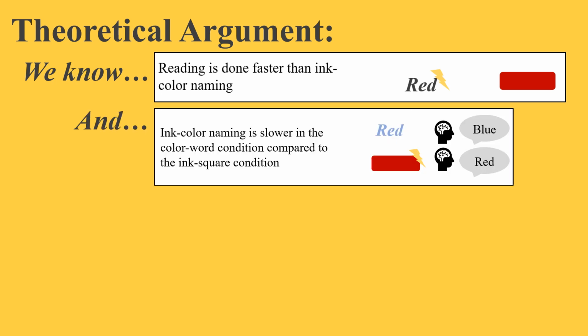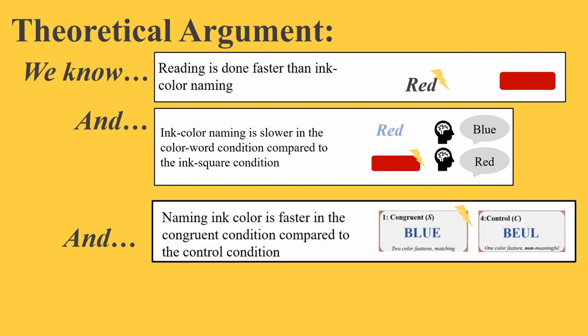And we also know that color naming is slower in the colored word condition compared to the ink square condition, right? Because there is an interference up top with the red printed in blue, and there's no interference down here. And then we also know that naming in color is faster in the congruent condition compared to the control condition.